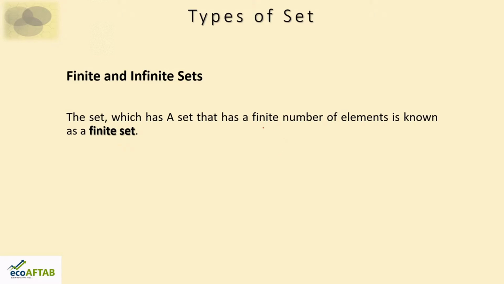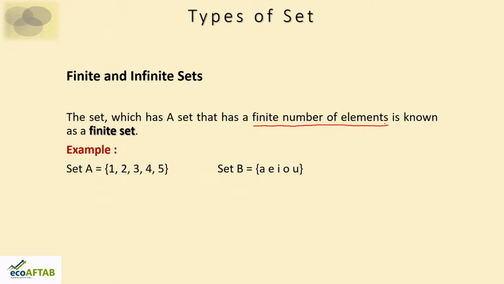Example, set A is {1, 2, 3, 4, 5}, set B is {a, e, i, o, u}. So what is the cardinality of set A? There are 5 elements. What is the cardinality of set B? The cardinality is also 5. These sets, you can count them and they are finite in number. So they are called finite sets.